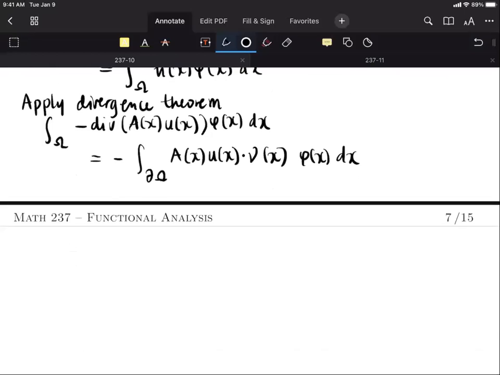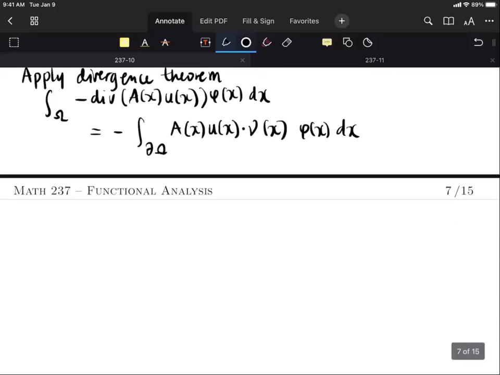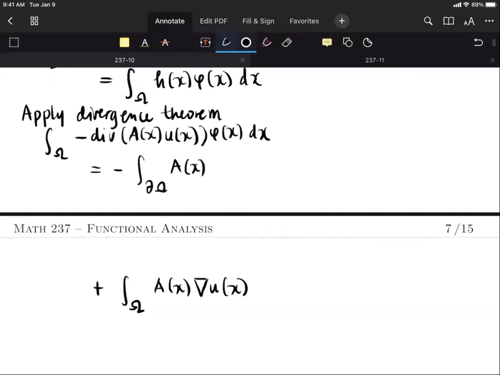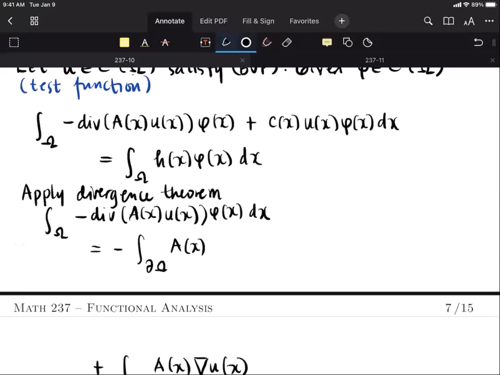plus another term, which is A∇u. So there's a missing gradient here. So let us correct that one.